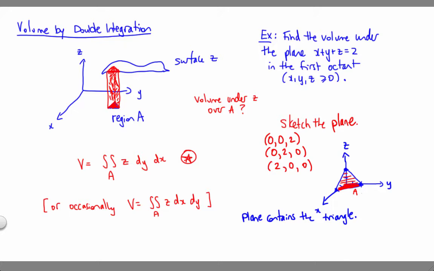We've got a triangular base that is our region A, and then the surface that's cutting through space is this plane, and it intersects the x, y, and z axes in such a way that it's creating this triangle here. So let's label this, that's our surface Z. And we would like to find the volume under Z and over the region A.